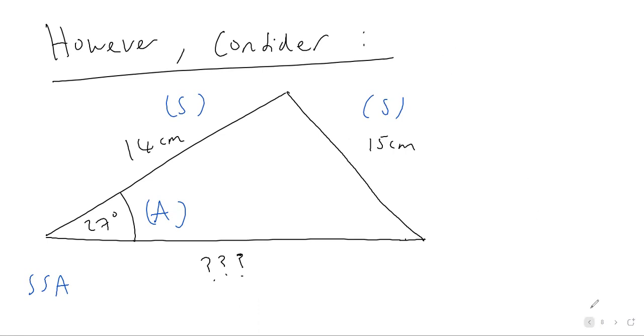So using the formula as we used before, if we call this capital A there, that's going to be lowercase a there. If we call this B there, that's B, and that's going to be C down there, the other length.